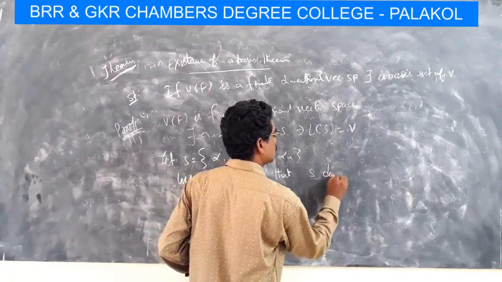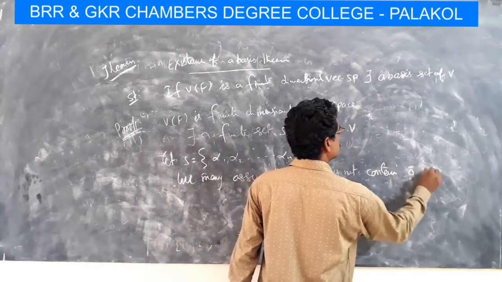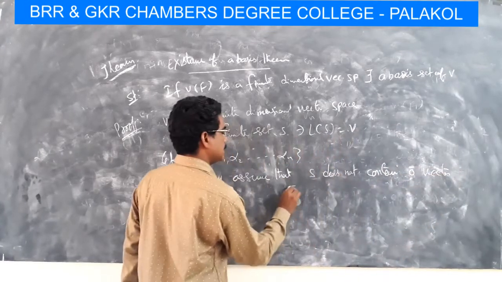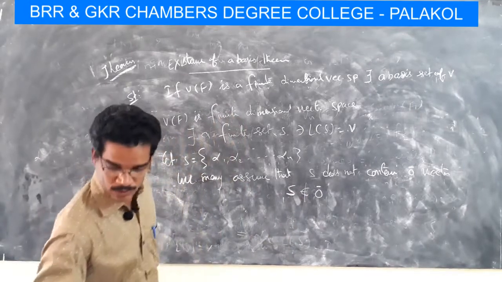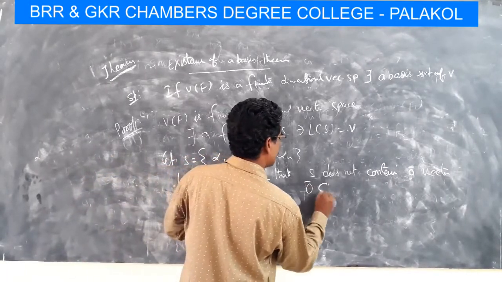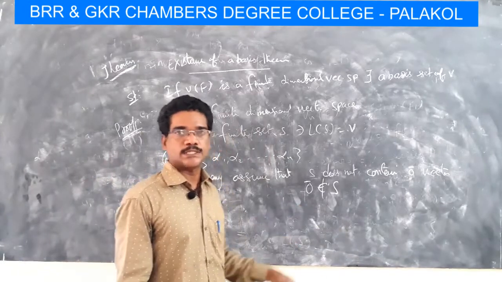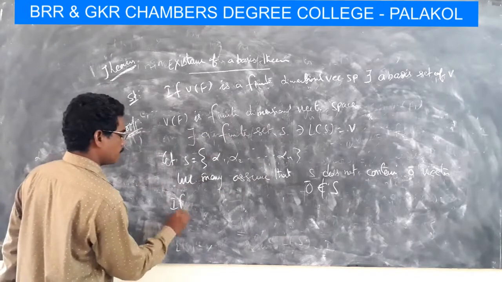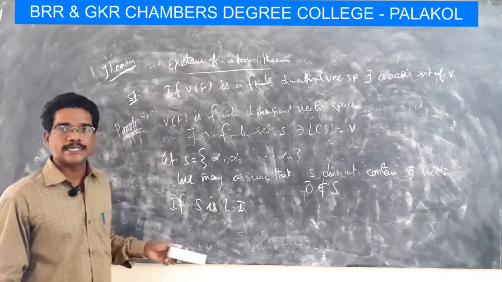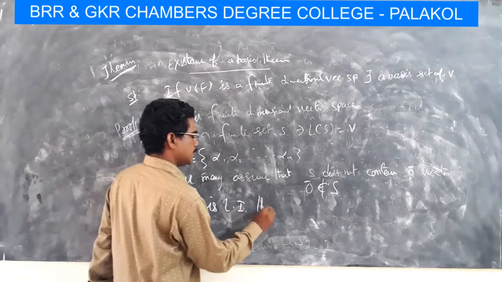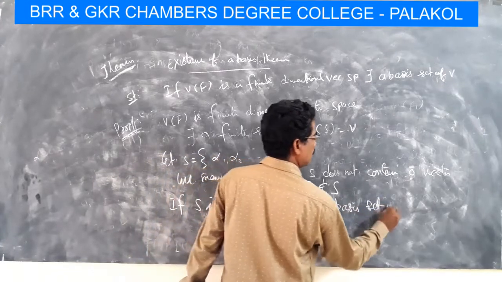That means the zero vector does not belong to S. If S is linearly independent, then the set S is a basis set of V.